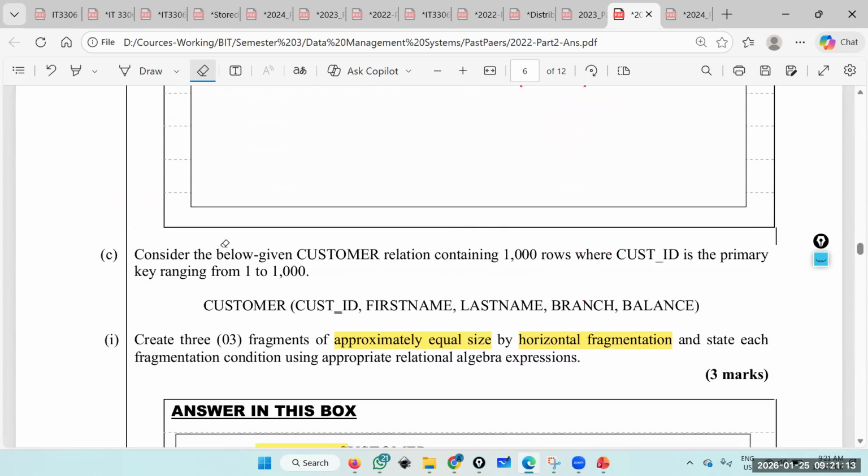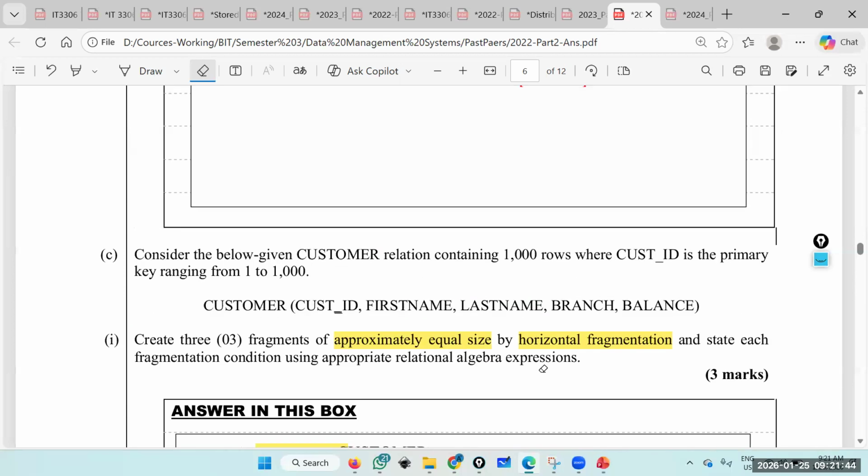Right. C part. Consider the below given customer relation containing 1,000 rows where cust ID is the primary key, ranging from 1 to 1,000. Create three fragments of approximately equal size by horizontal fragmentation and state each fragmentation condition using appropriate relational algebra expression.